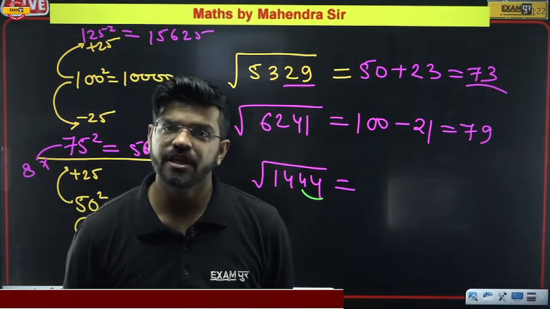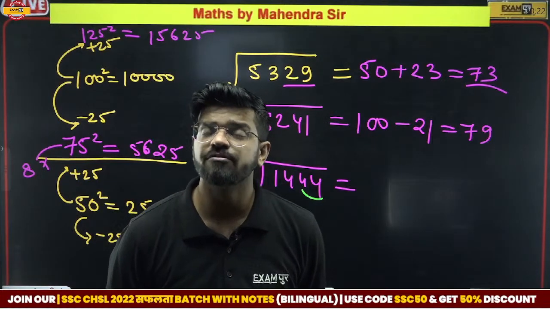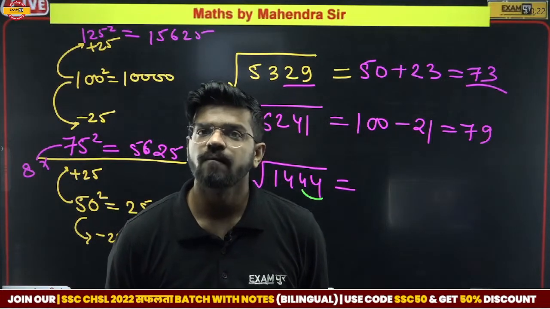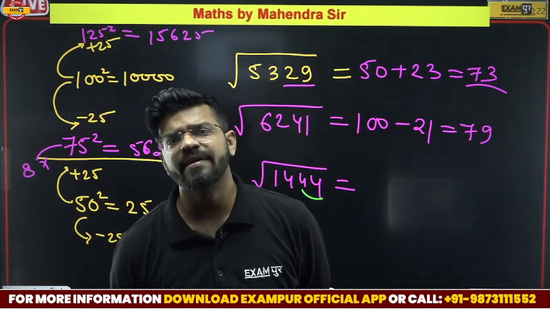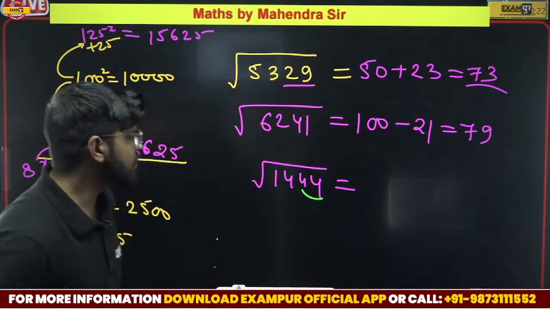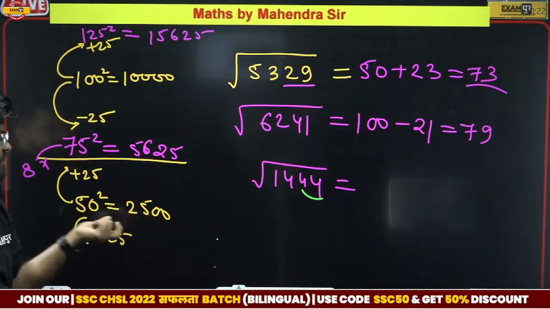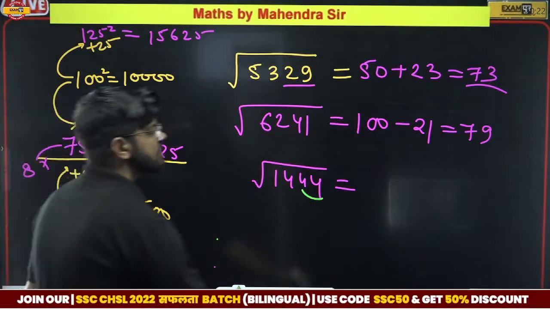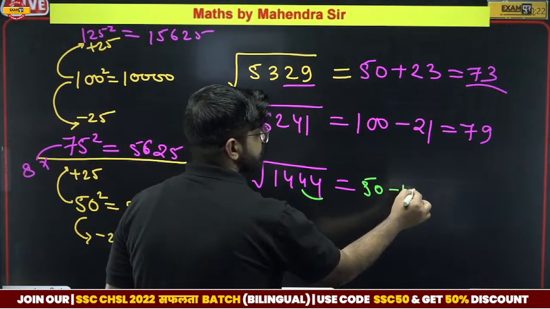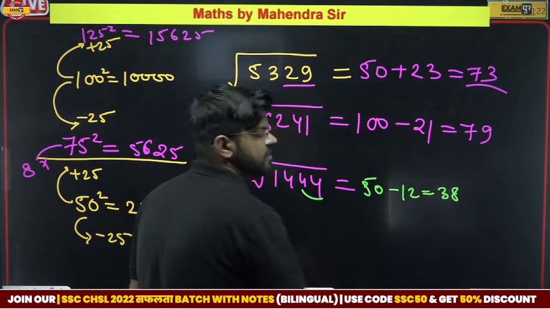That means this comes under the square of 12. That means this number should be 12 more or 12 less than 50. Now this number is less than 2500, so it is 12 less than 50. That means the number is 38. The square root of this is 38.